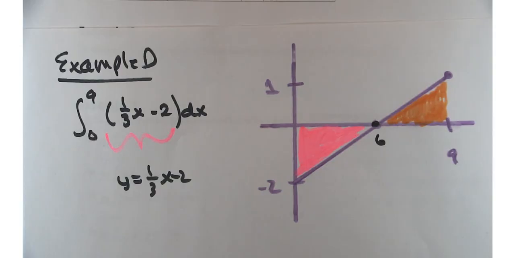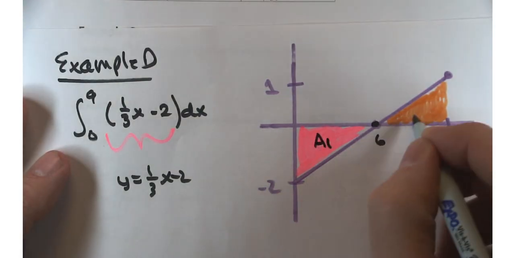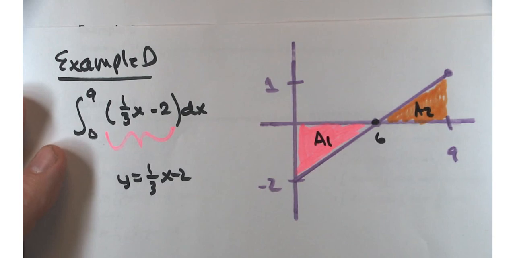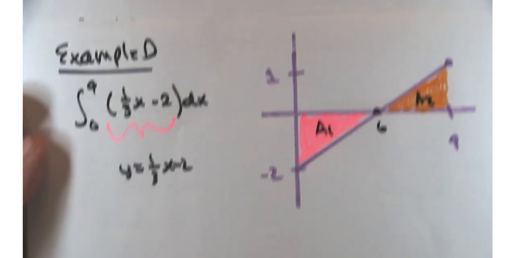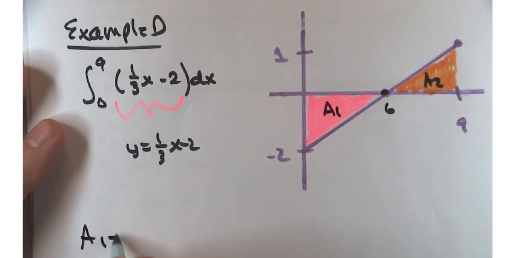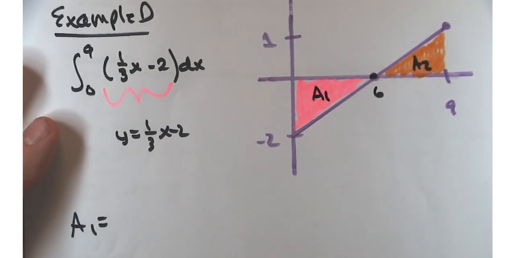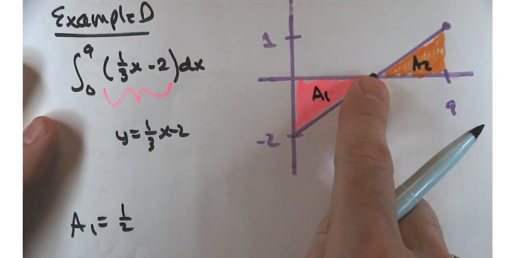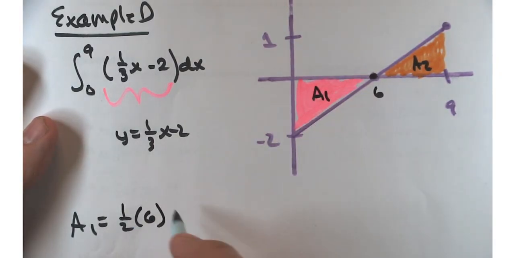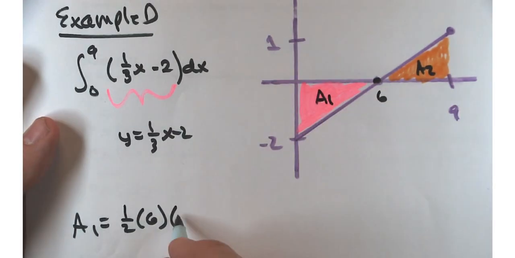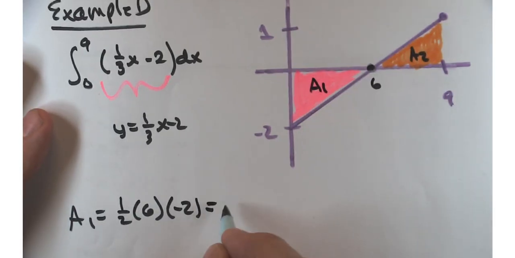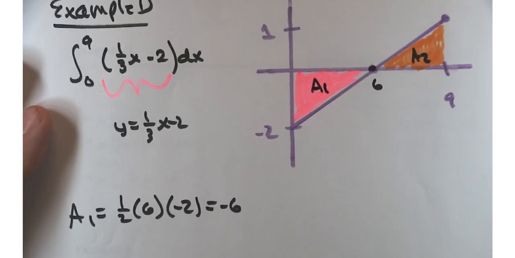So we need to find what we'll call A1 and A2. These are both triangles. So A1, remember the formula for the area of a triangle? Yeah, 1/2 base times height. So let's call this the base, which is going to be 6, and the height I'll call -2. So I end up with -6.